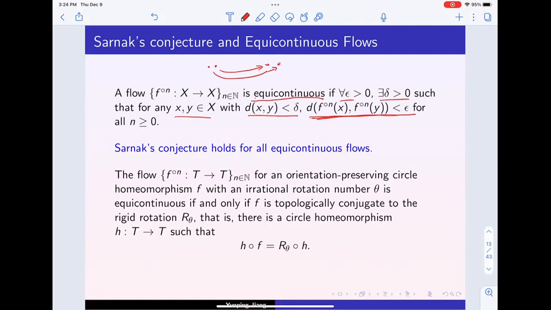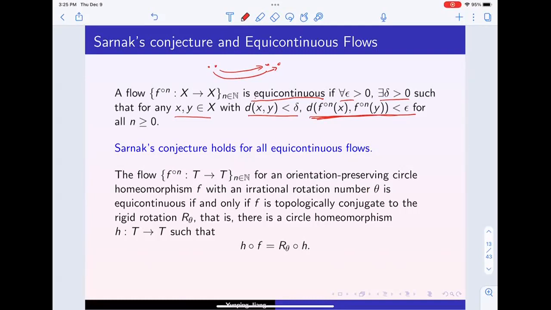Usually a flow or dynamical system is sensitive to the initial condition. That means if you have two points very close, their orbits will eventually be far away, no matter how close the two points are. This is called sensitive to the initial condition. But equicontinuous means they are not sensitive to the initial condition.